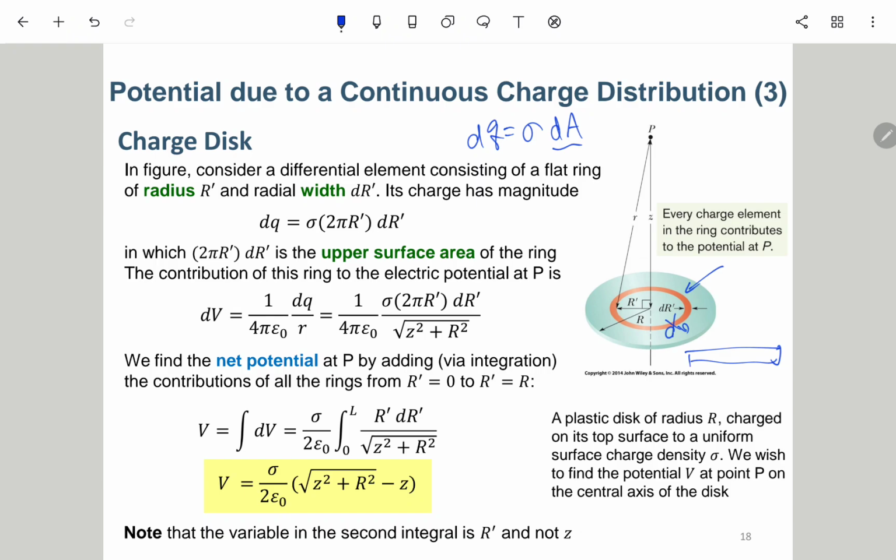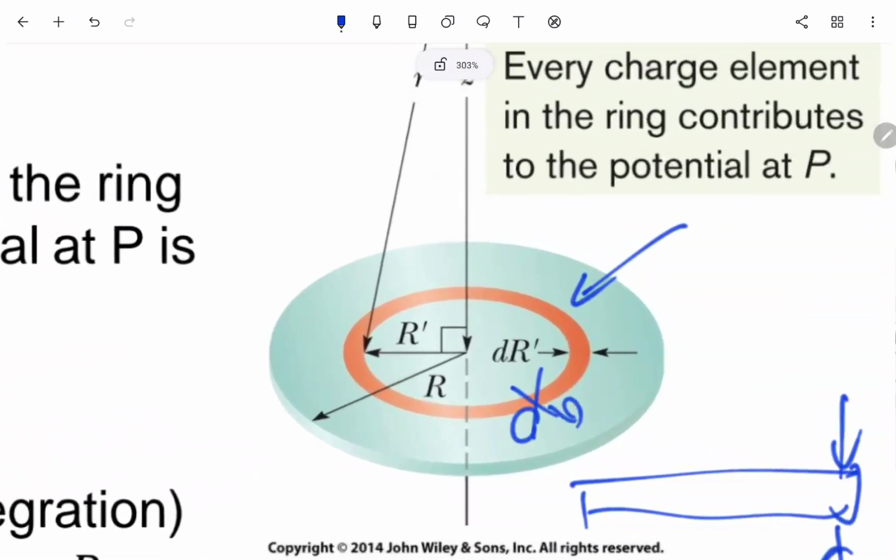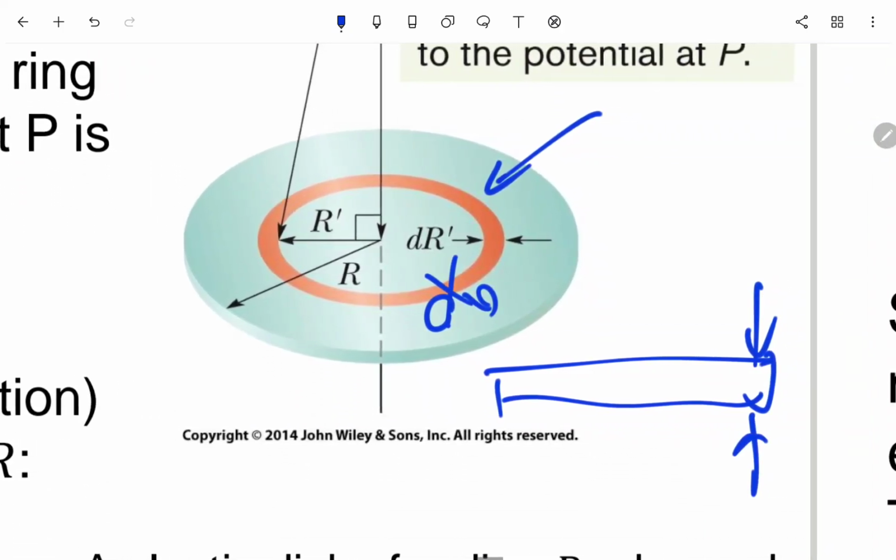So the height of this rectangle will be dr prime. The width will be the circumference of this circle, 就是那个圆周.